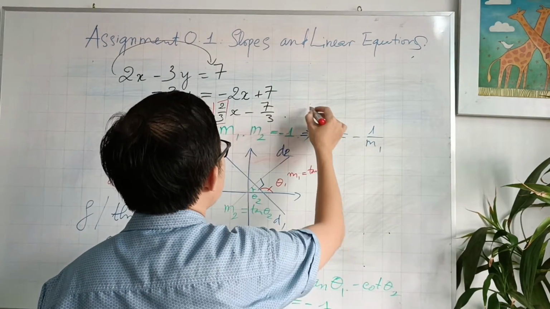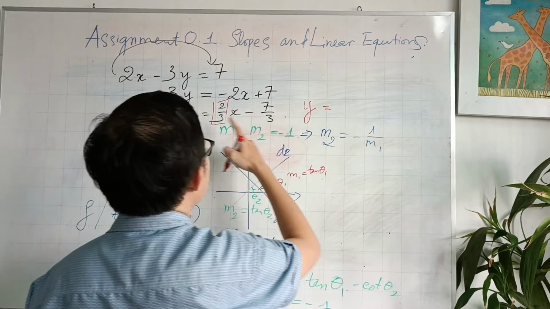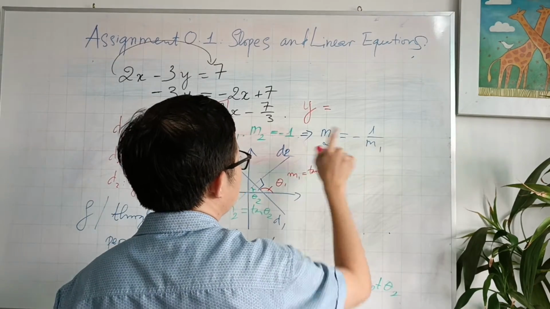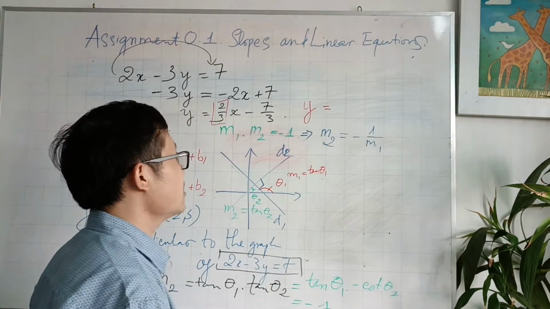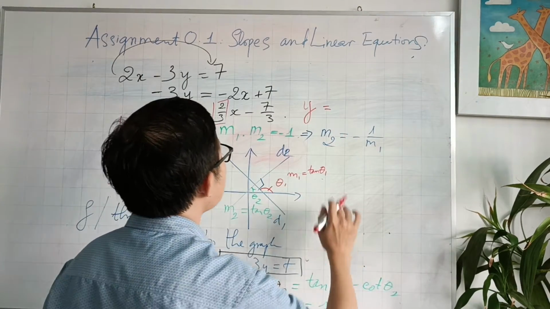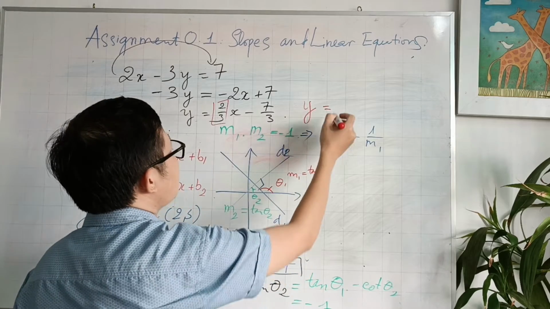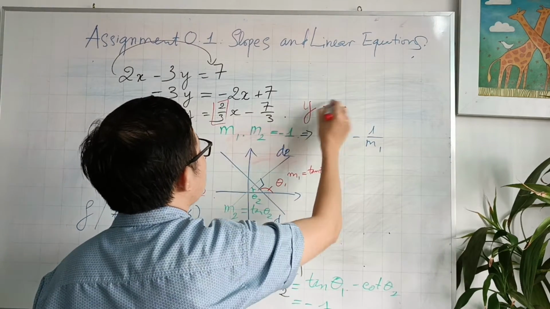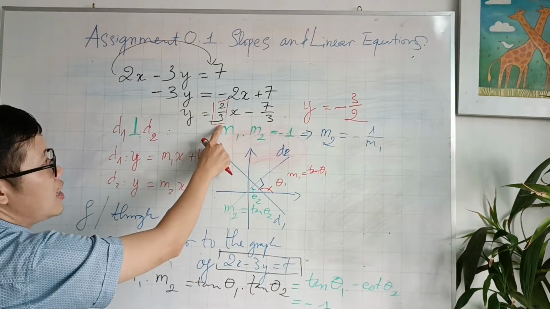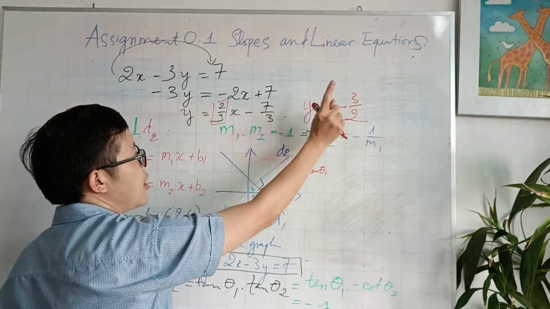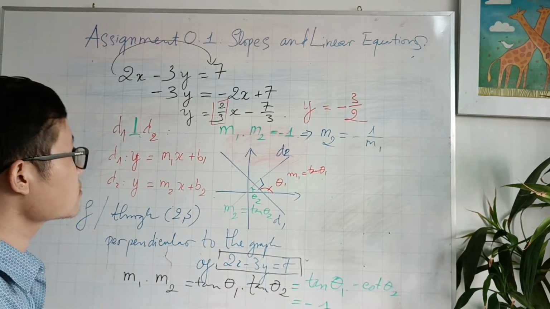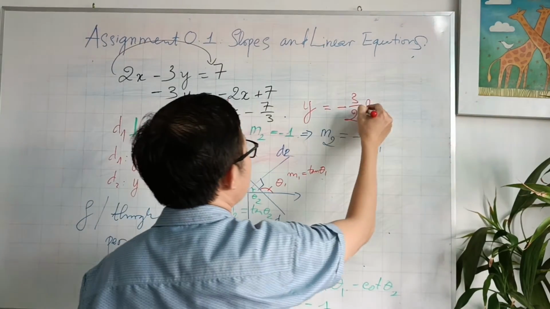So we have the line, and just remember the negative sign for the D2 linear equation. So we have negative 3 over 2. 2 over 3, and here is 3 over 2, and you add the negative sign, x.